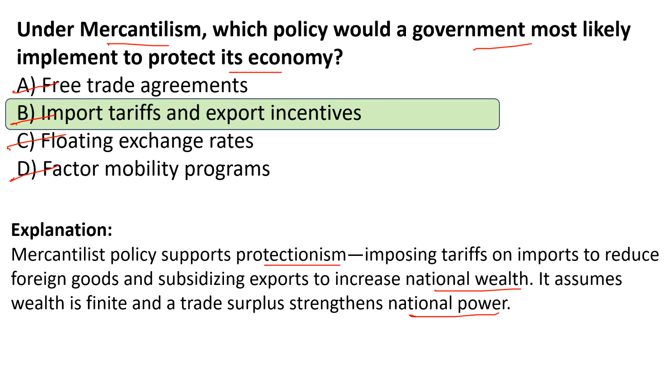Foreign goods will be coming less into the domestic market, right? And the exports will be increasing. So when exports are increasing, obviously your wealth will be increasing. Correct. So that is how countries increase their wealth. Clear?